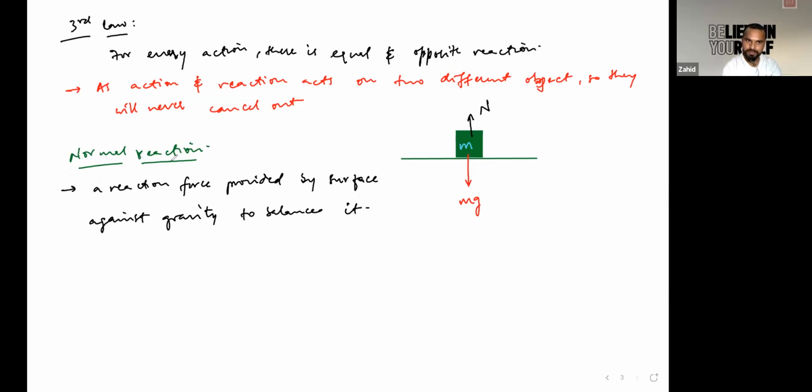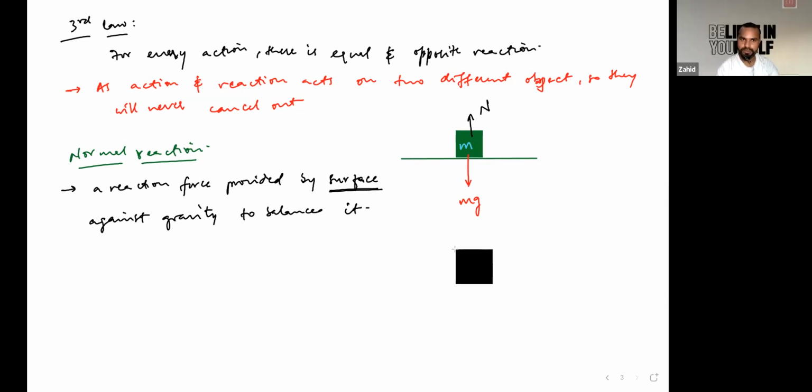For this particular normal reaction, there should always be a surface. If there is no surface, there would not be any normal reaction. Is it clear? Ishma, is it clear? Yes, sir.